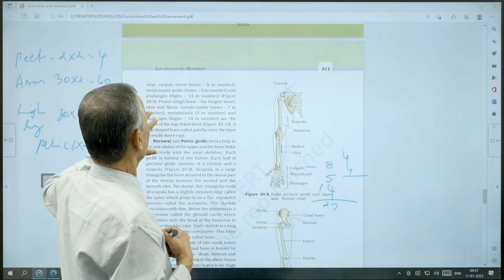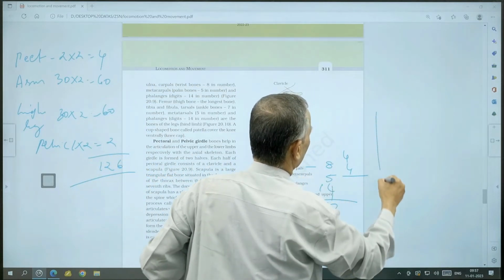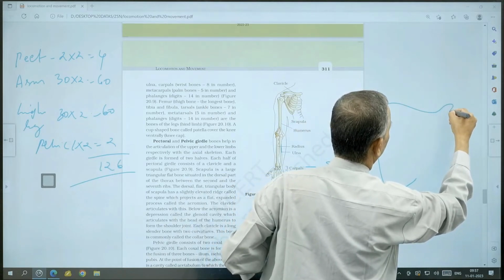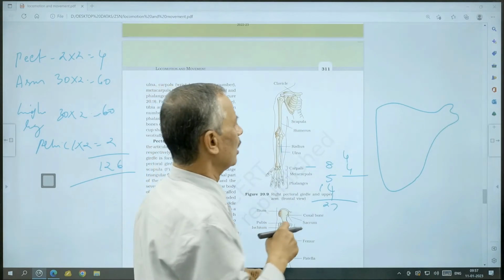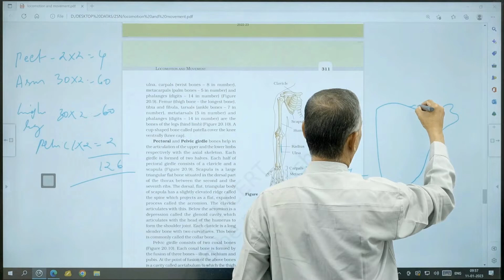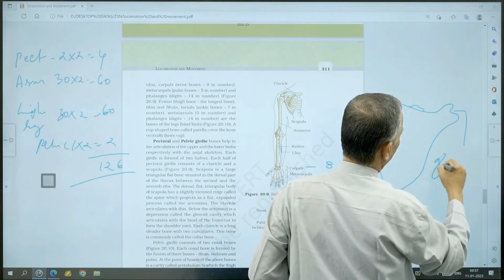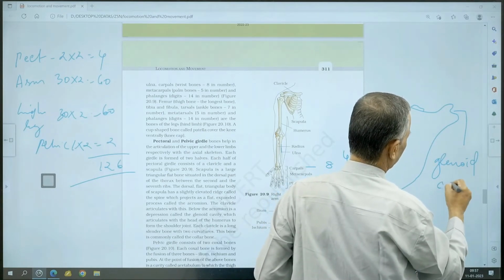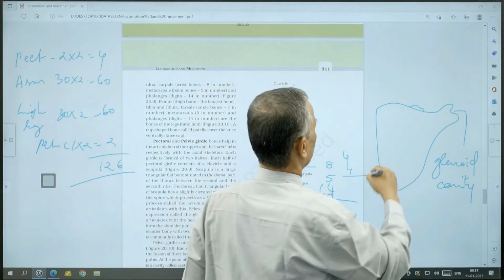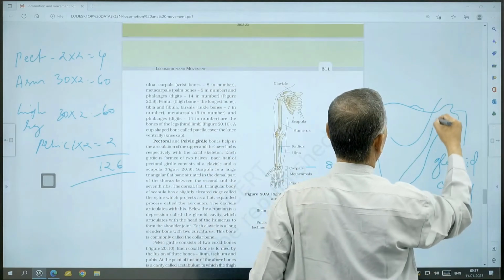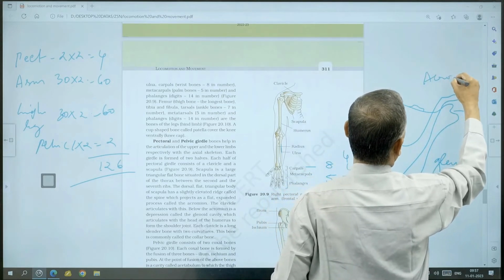Now, on the back, you have a triangle-shaped bone called the scapula, the shoulder blade. This shoulder blade has a coracoid process on its anterior edge and a depression called the glenoid cavity. It is to this glenoid cavity that the head of the humerus attaches, and there is a spine. The spine ends in a flat structure called the acromion.